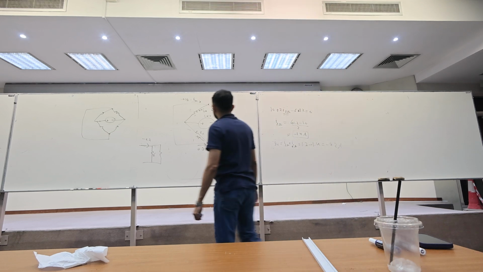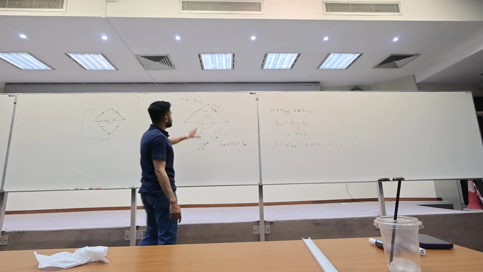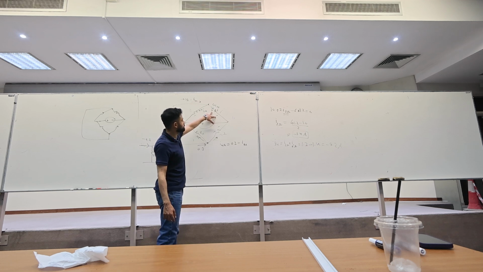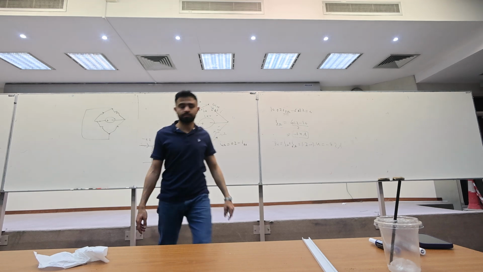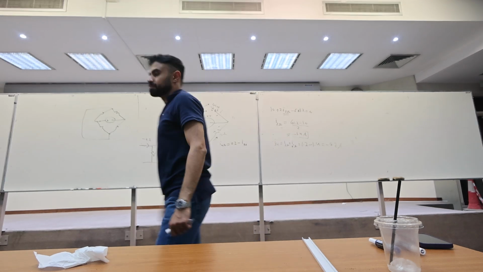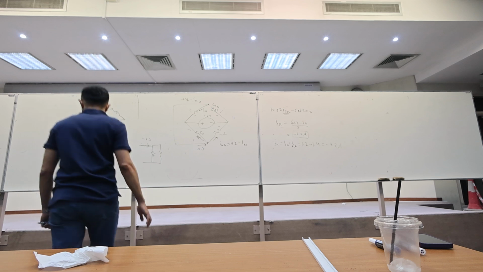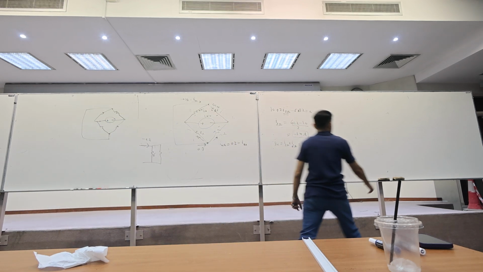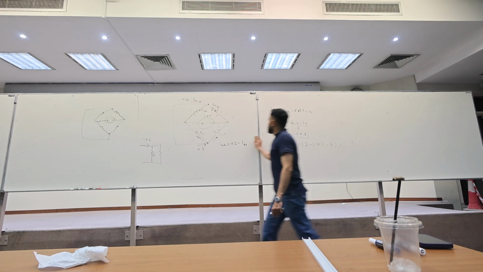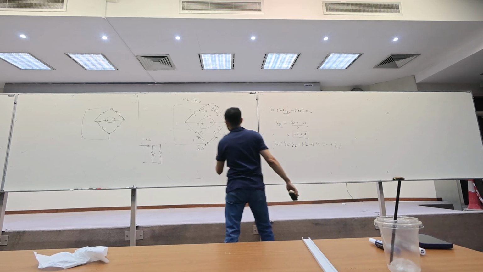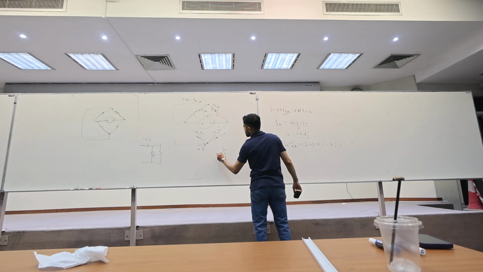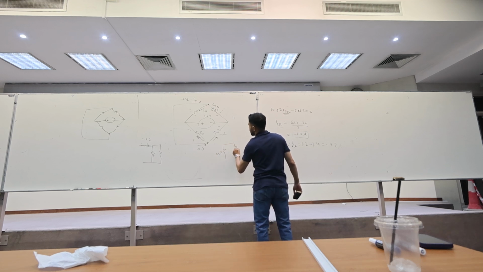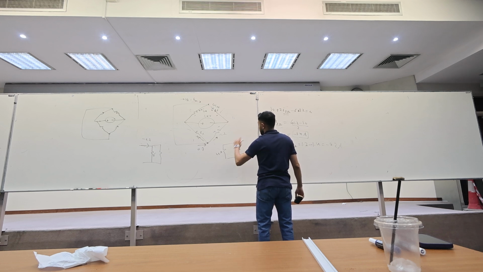Well, we already know the voltage drop here, right? We already know the voltage drop here. Don't I know that the 4 ohm resistor is in parallel with the 6 ohm resistor? So what is the voltage drop here?